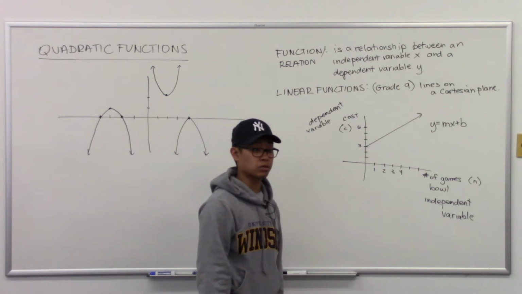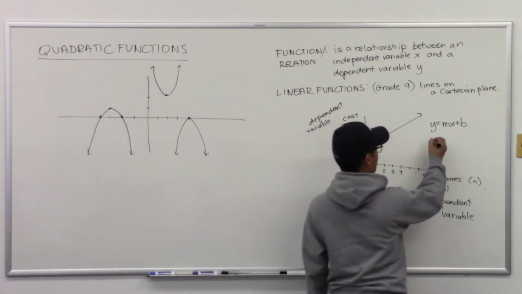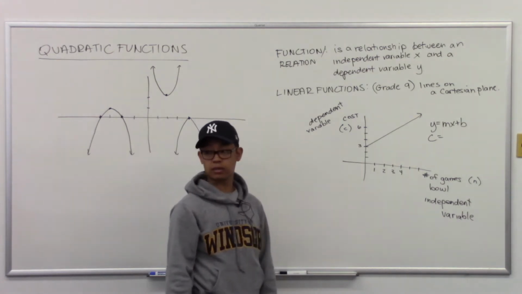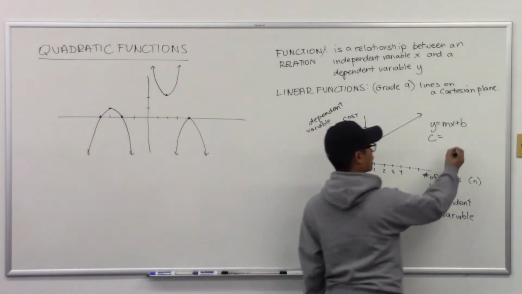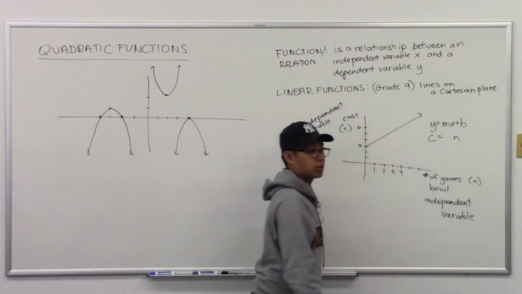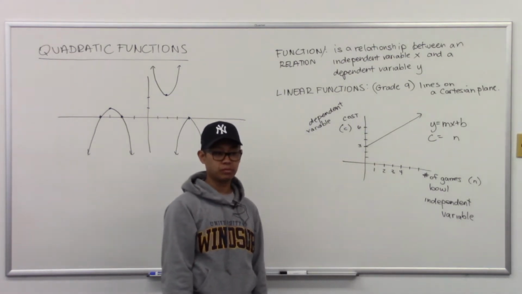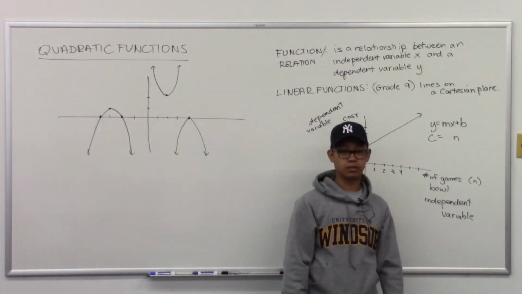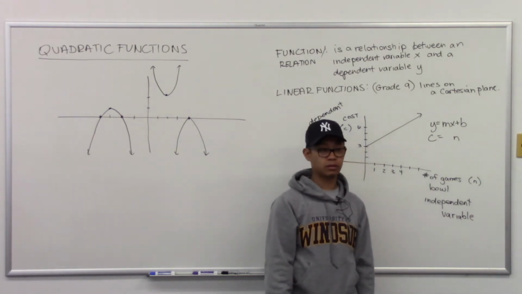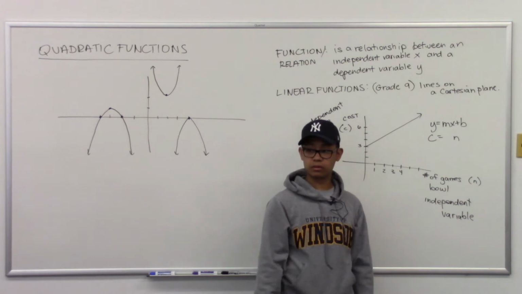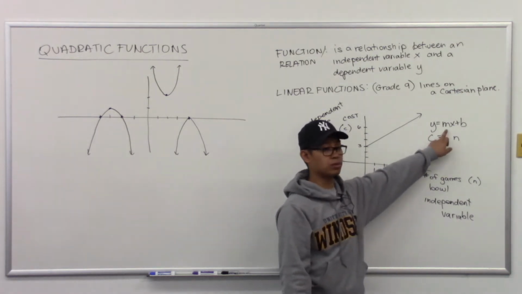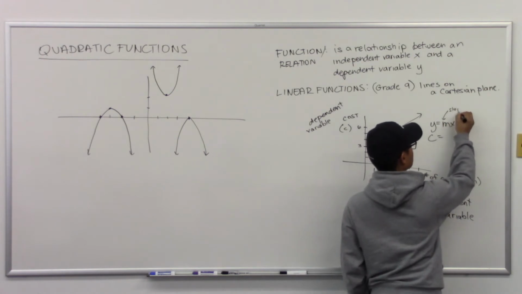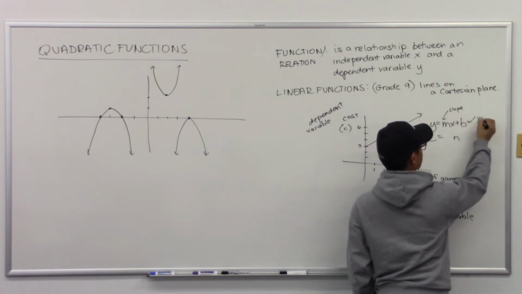Yeah, what letter am I using? And instead of x, what am I using? Okay. But what does this m and this b stand for? What is this and what is this? Yeah. This is your slope and this is your y-intercept.